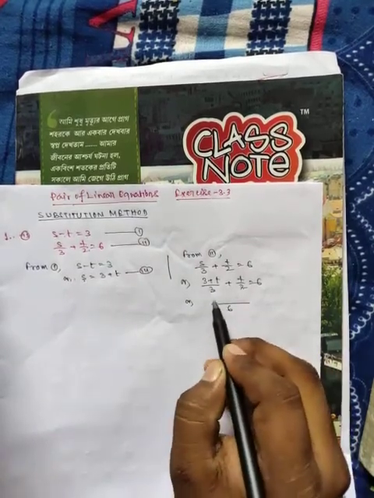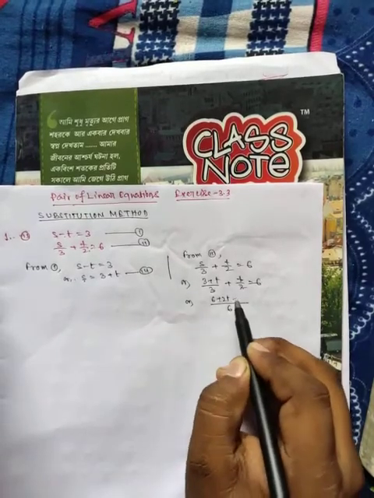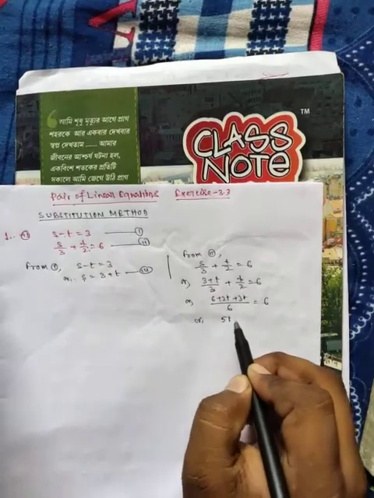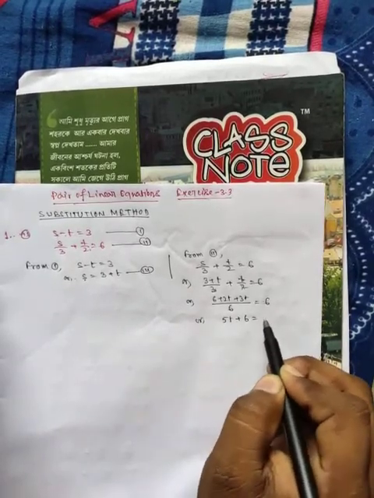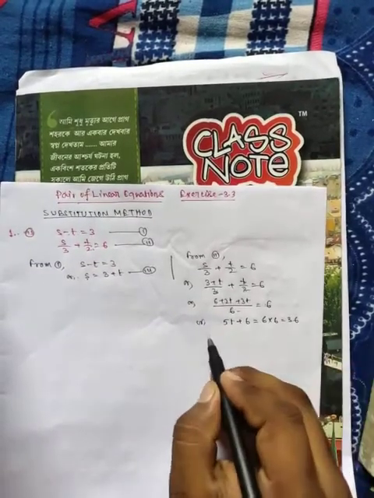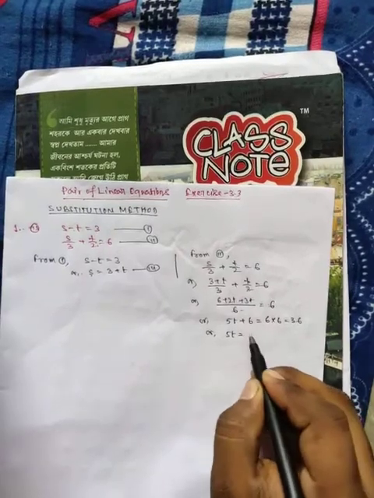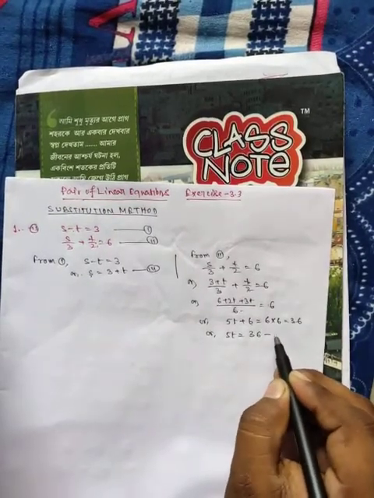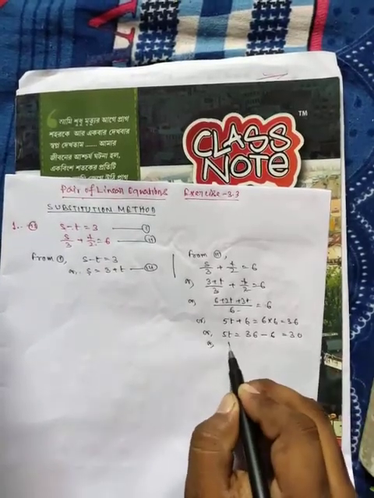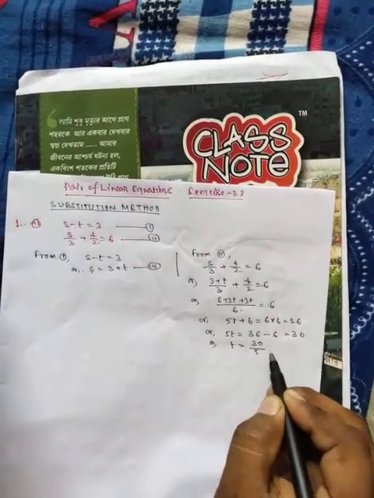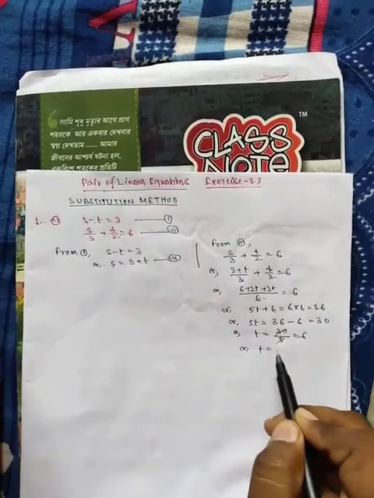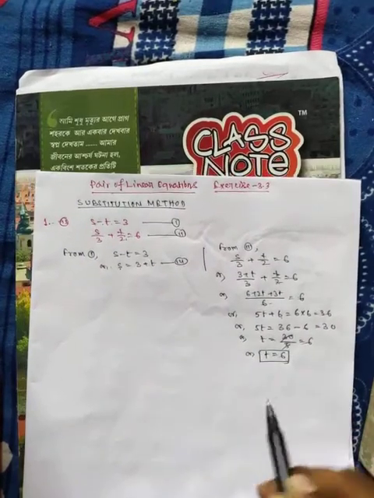So 2 multiplied by (3 plus t) is 6 plus 2t, and 3 into t is 3t, equal to 6 into 6, that is 36. So 5t plus 6 equals 36, or 5t equals 36 minus 6, that is 30, or t equals 30 divided by 5, that equals 6. Now I got the value of the variable t equal to 6.